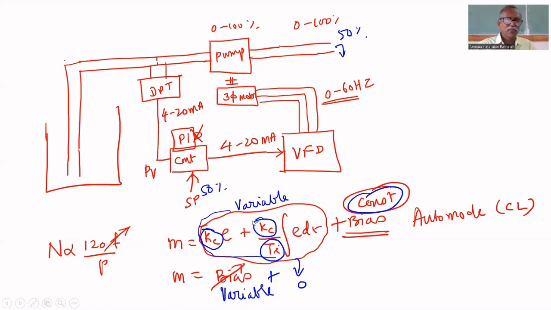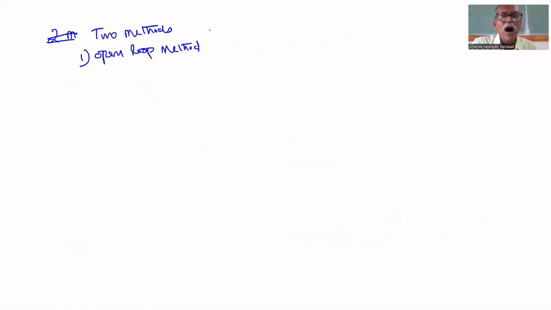How to find that? There are two methods to find the tuning parameters. One is called open loop method, or this can also be called the reaction curve method. You obtained the reaction curve in the level process.